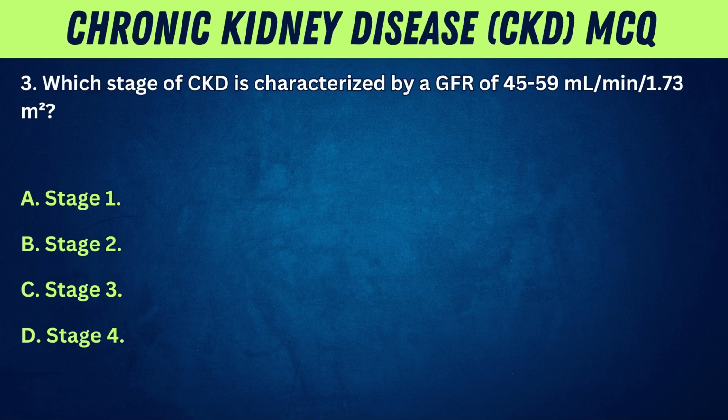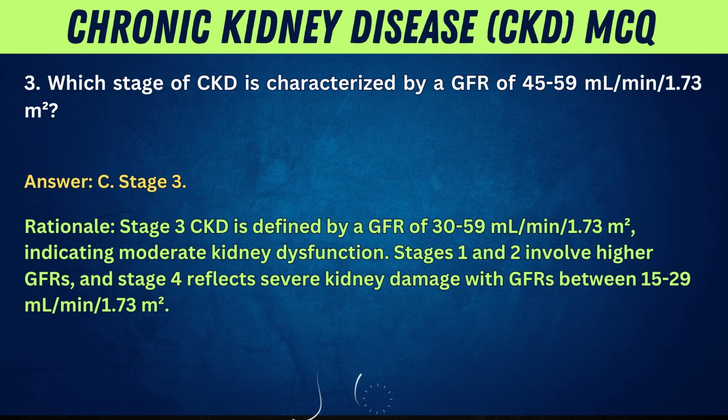3. Which stage of CKD is characterized by a GFR of 45 to 59 ml/min/1.73 m²? A. Stage 1. B. Stage 2. C. Stage 3. D. Stage 4. Answer: C. Stage 3.